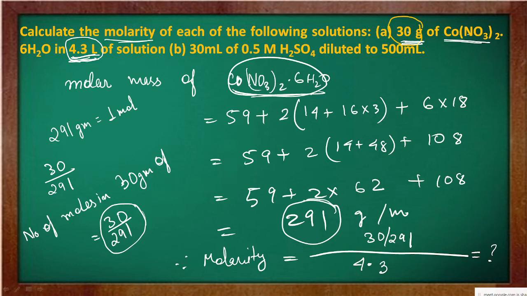Then we got 291, which means taking 291 gram gives 1 mole. Then we have to determine how many moles will be in 30 gram. So in 30 gram the number of moles will be 30 by 291. Then the given 4.3 liter of solution: you have to divide 30 by 291 and further divide by 4.3, and you will get your respective molarity.